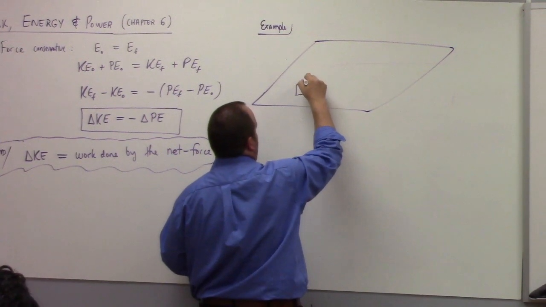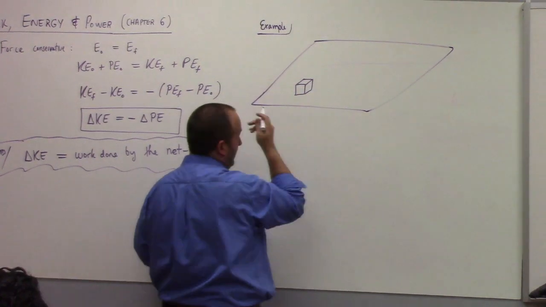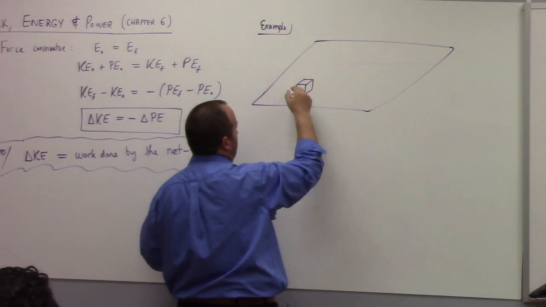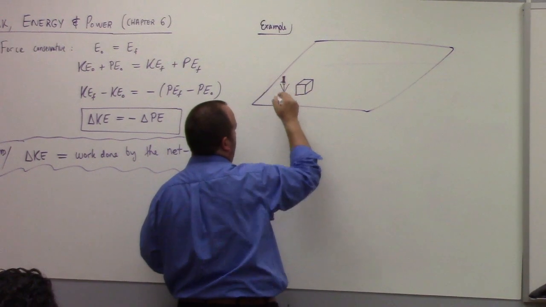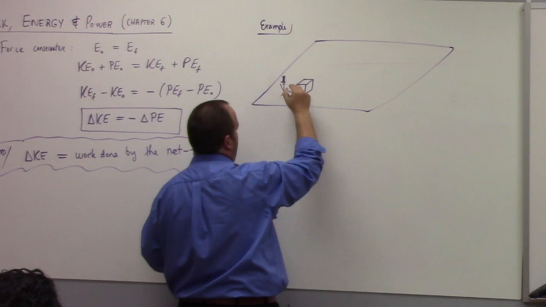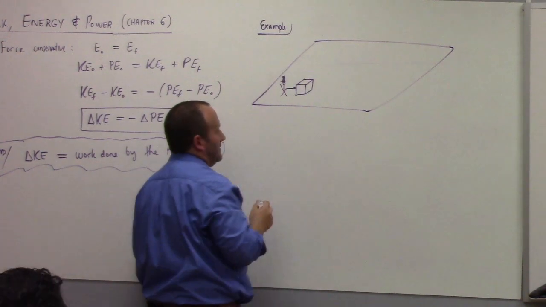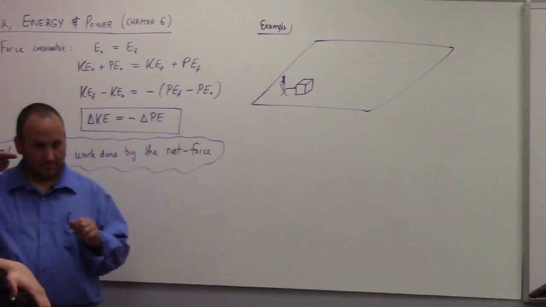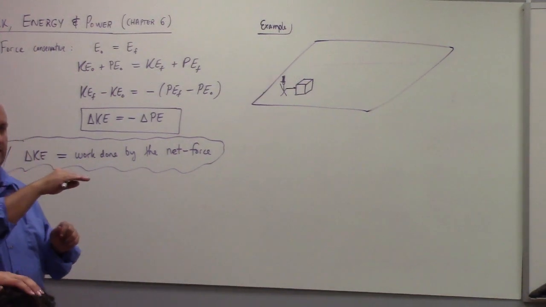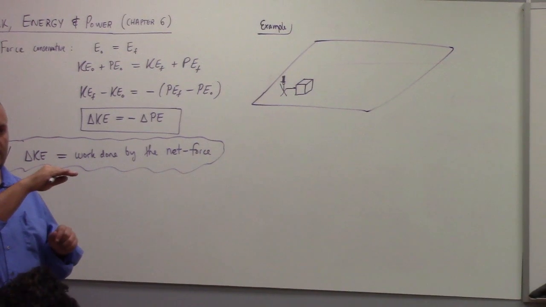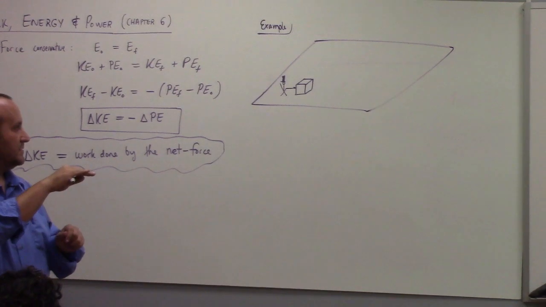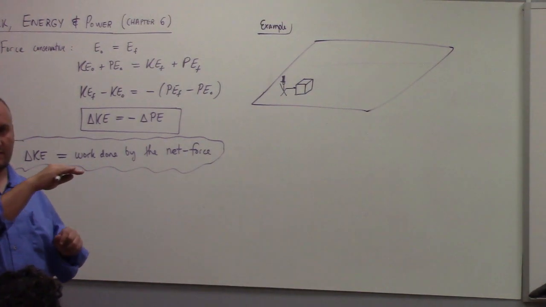And I'll keep it relatively simple. Suppose that Mr. Top Hat pushes this box horizontally, all right, in such a way that the box moves at constant speed.